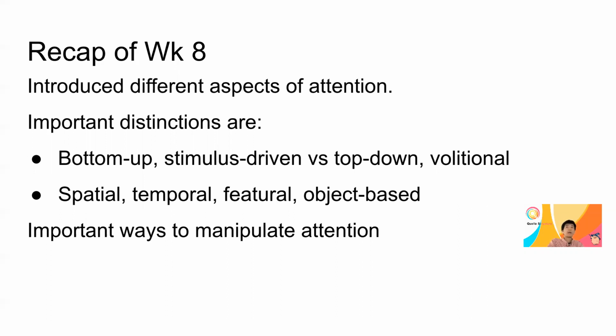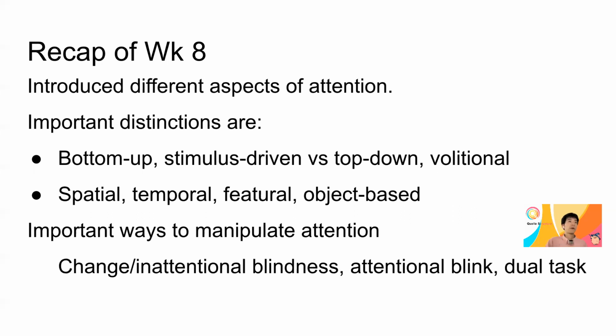Another important factor was to realize there are many different ways to manipulate attention, which is going to be quite important in this lecture as well. One way is change or inattentional blindness, which is often used as a demonstration in class. Then there is attentional blink, where you attend to a stream of letters, and if you try to see the letter C, then the following letter X that happens 200 milliseconds after that becomes invisible.